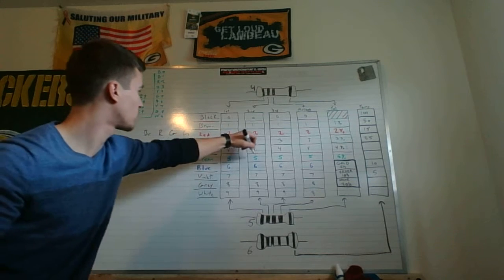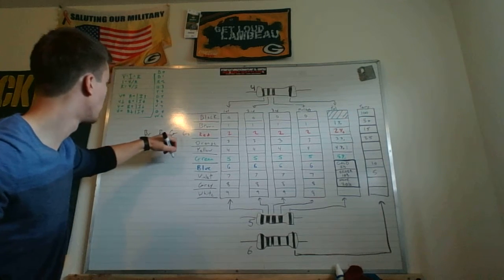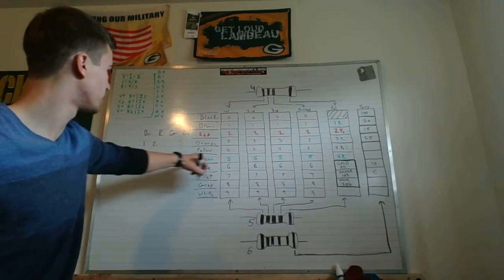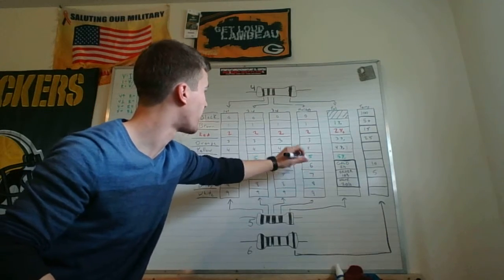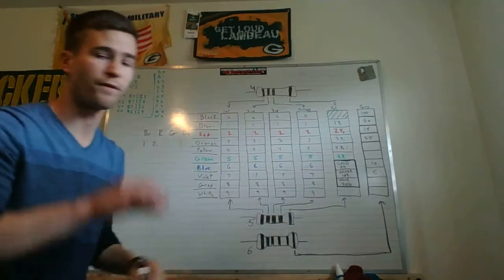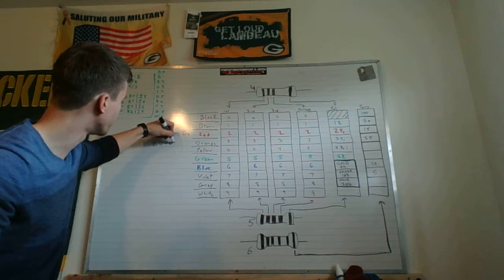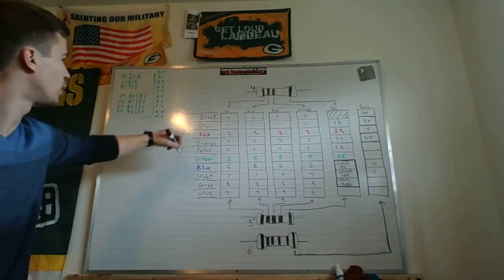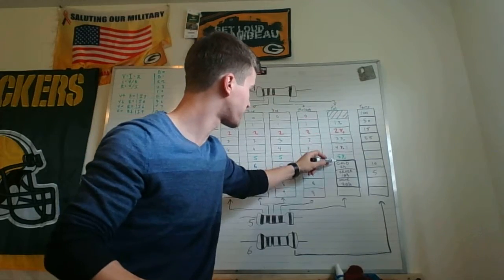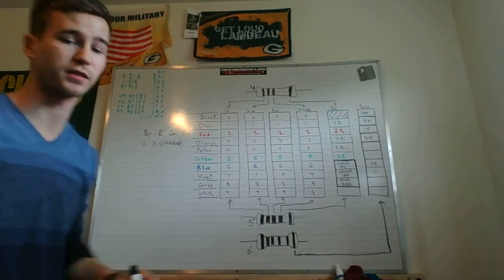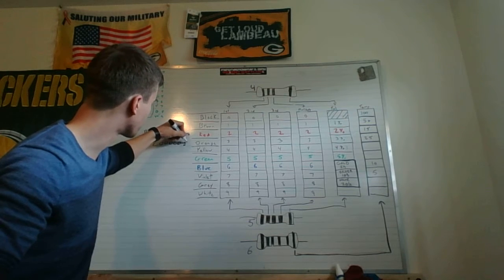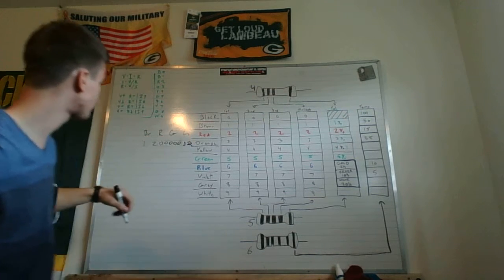Second is red, correlates to 2. Third is green, which correlates to 5. So we put 5 zeros on at the end of it. 1, 2, 3, 4, 5. Gold is tolerance, which means it's 5% tolerance. So plus or minus 5%.